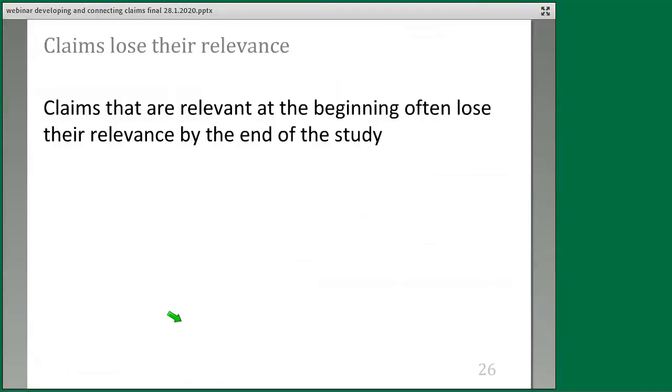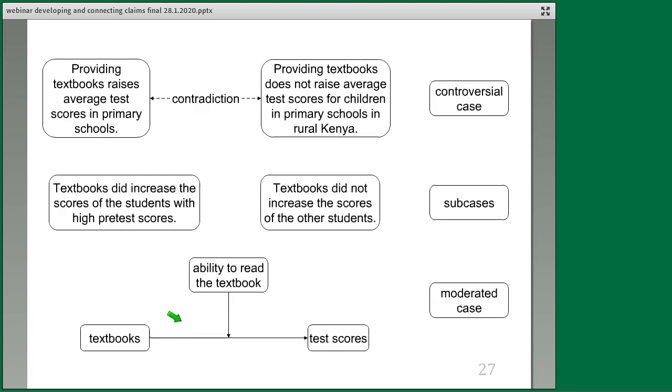There is another point: claims that are relevant at the beginning of a study often lose their relevance by the end of the study. Contrary to, for example, Joe Maxwell, who always says that a quantitative research method can show that something has an effect, and qualitative research explains why, I think that often claims lose their relevance.